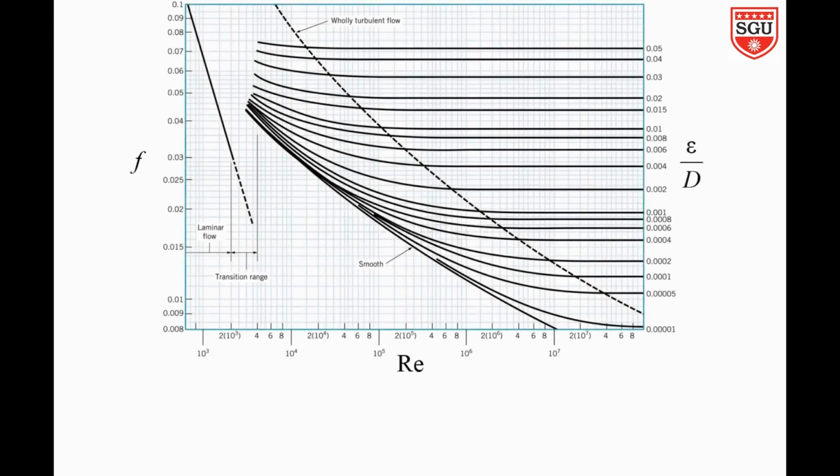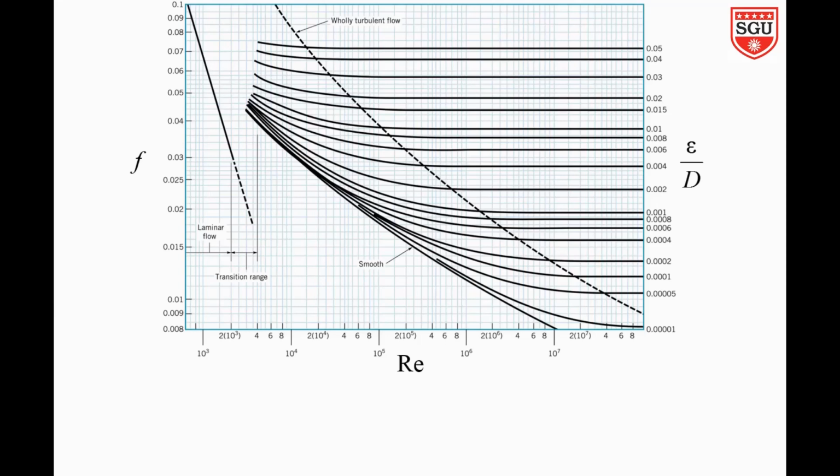The primary purpose is to provide graphical representation of Colebrook's equation. Before inexpensive computers became widely available, it provided means of quickly estimating the Darcy friction factor F. The Moody chart shows the value of friction factor as a function of Reynolds number for various relative roughnesses.